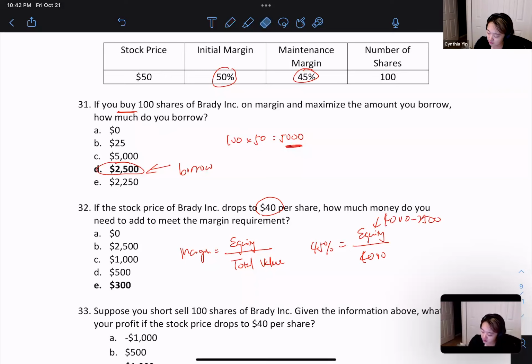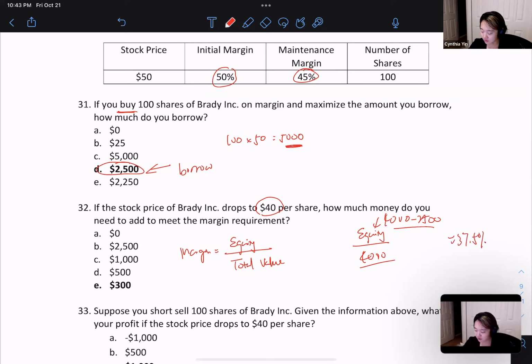So this number should always be above 45%, but how much is it here? It's only 37.5%. So you will definitely receive a margin call.